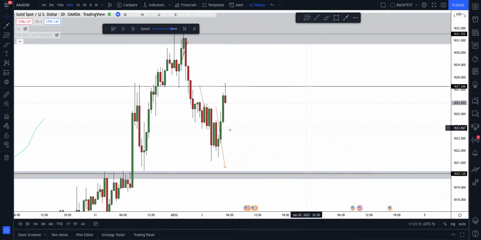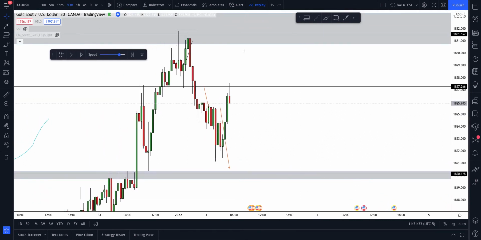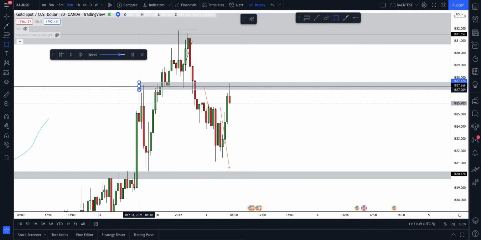I always say this on gold: structure is king. If you have a certain zone that has been retested, broken, retested, broken, price is certainly going to come back to that zone. I can only talk for gold.